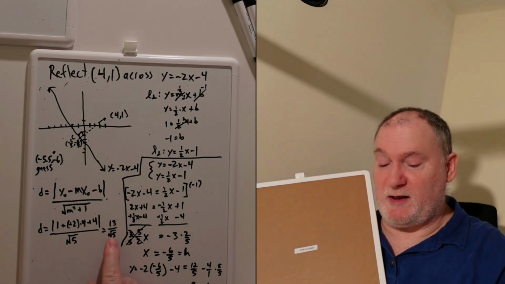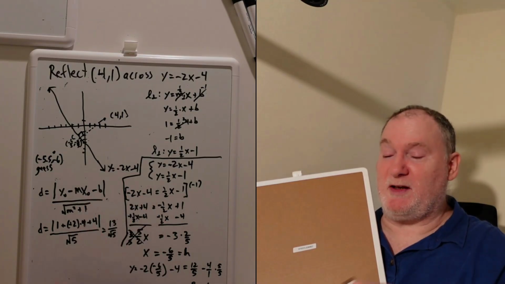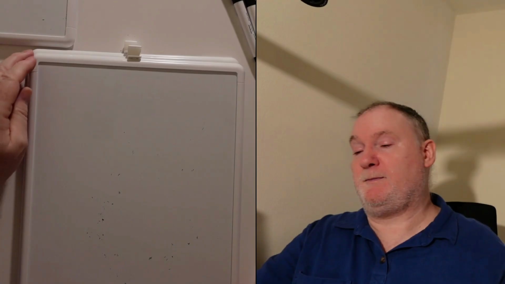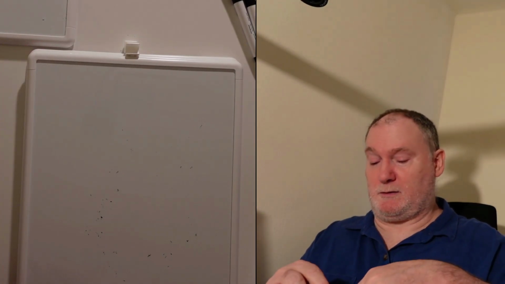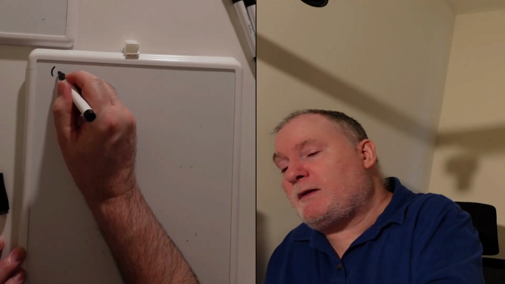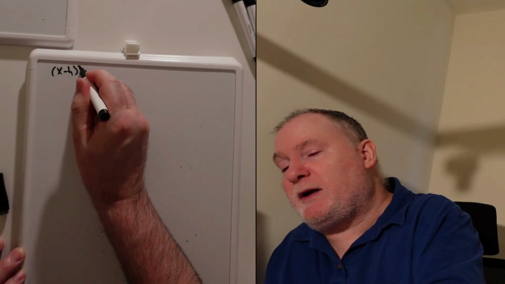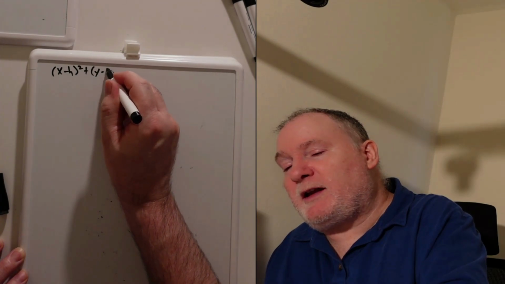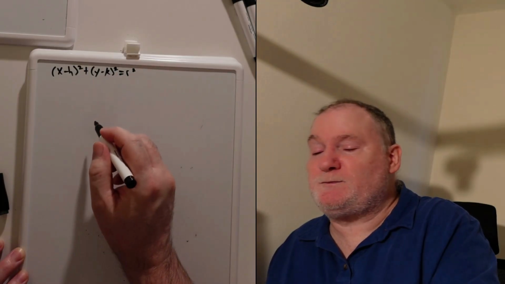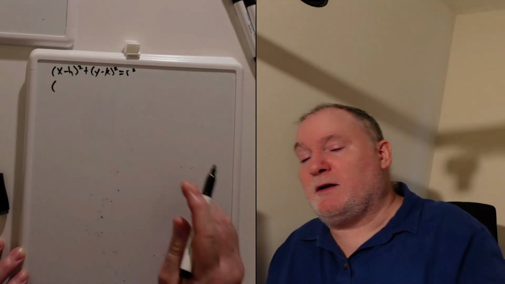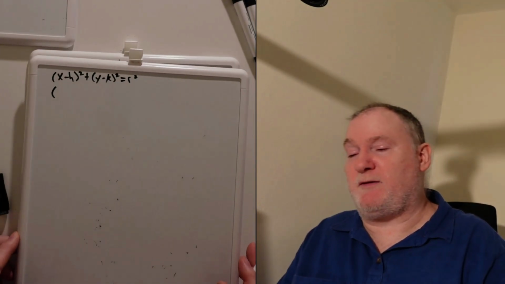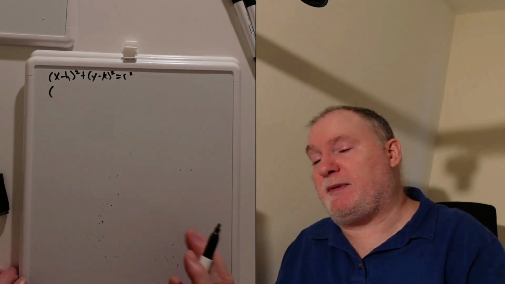It's going to be 13 over root 5, squared. So now we can set up our equation of a circle. The regular equation of a circle is (x minus h) squared plus (y minus k) squared is equal to r squared. So both h and k are negative, and we subtract them in the formula. Subtracting a negative is adding a positive.